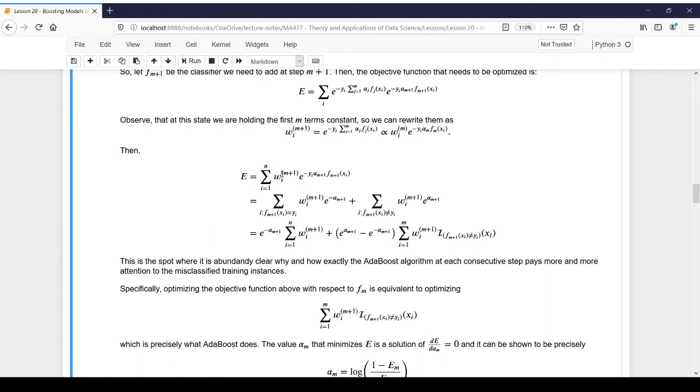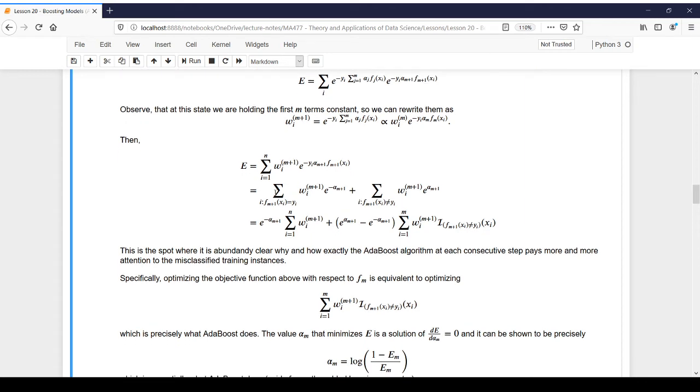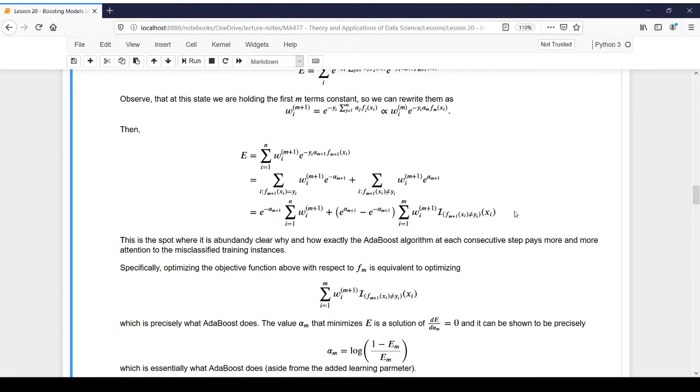I'm not going to go step by step. But for this objective function, the first thing I do is rewrite it as a sum over training samples that get classified correctly and training samples that get misclassified. And again, with some simple algebra, you can rewrite this as this sum and this coefficient here. Okay, this is really the highlight.